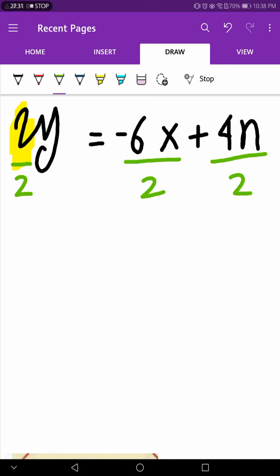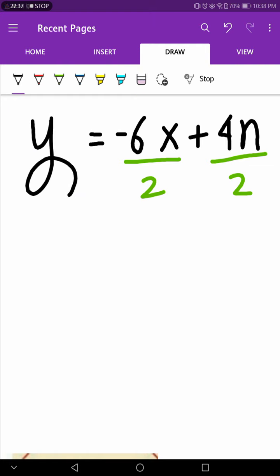So the y comes alone and happy here, and negative 6 divided by 2, or 6 divided by 2 here, my dear student, is 3, and keep the negative. And 4 divided by 2 equals 2.